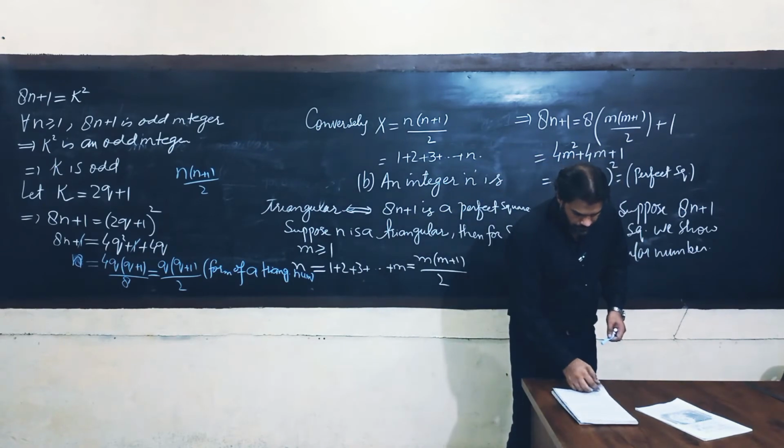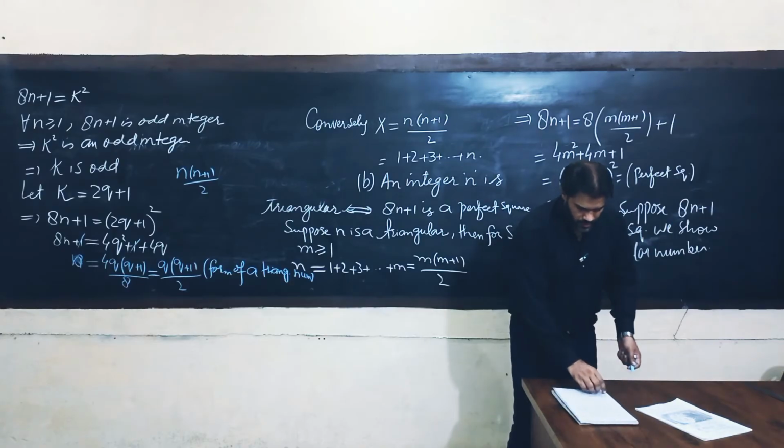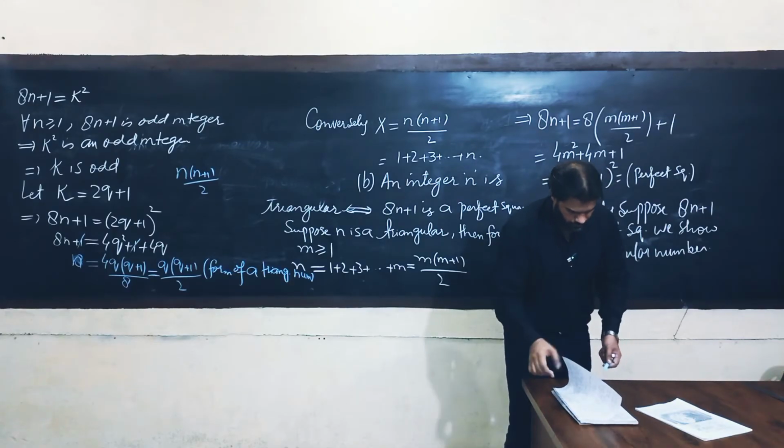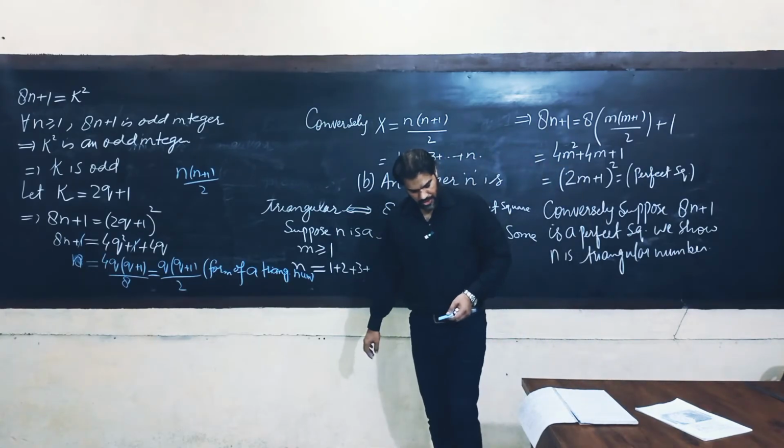in the C part, the sum of any two consecutive triangular numbers is a perfect square.